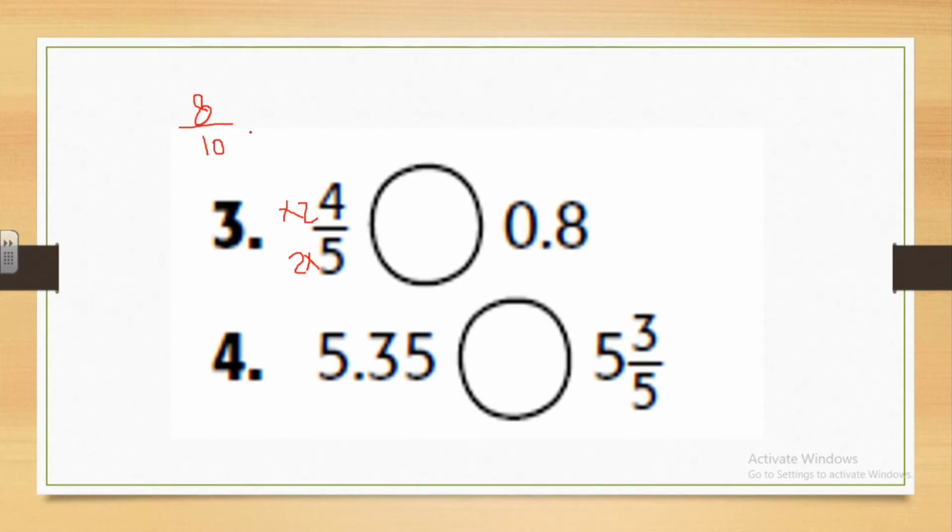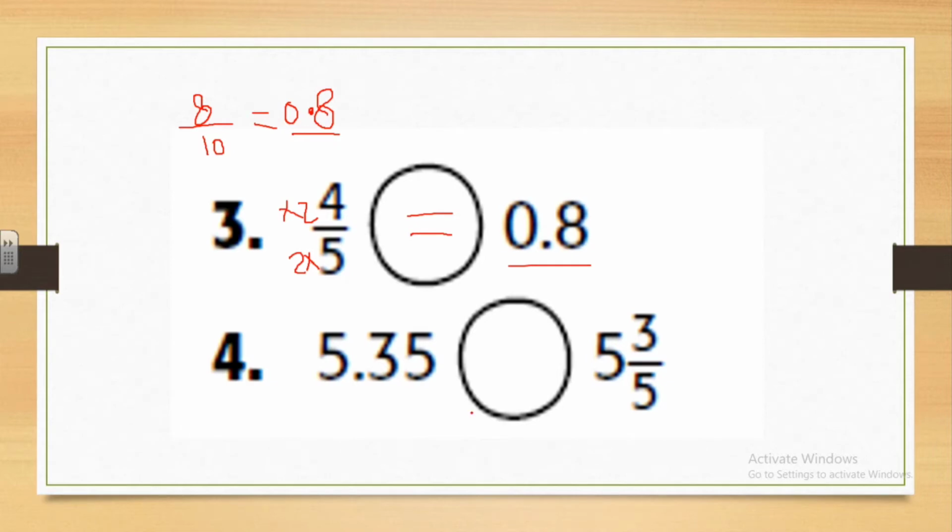Let's write it as a decimal, and we will write the number in the numerator over the denominator, that's 8 over 10. That means we will put a point after 1 digit. So now we have 0.8, the other side 0.8, so it's equal.